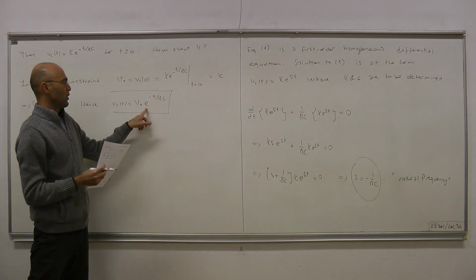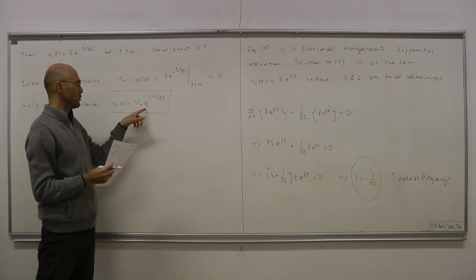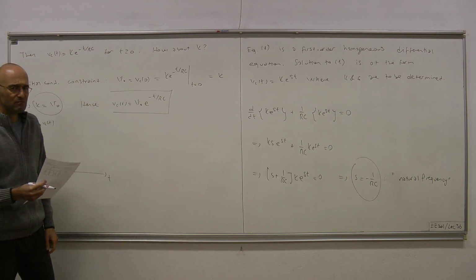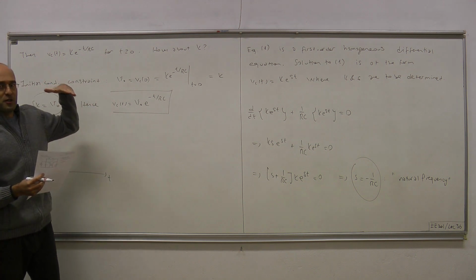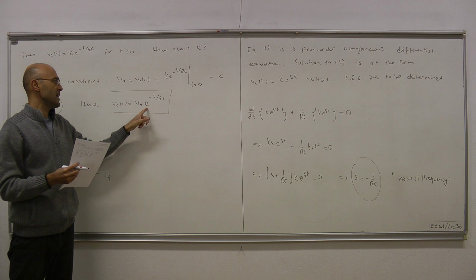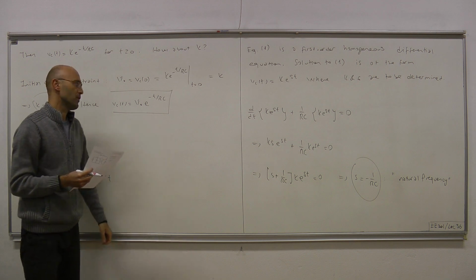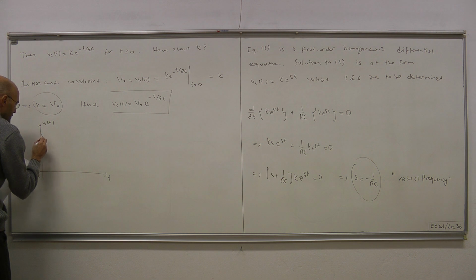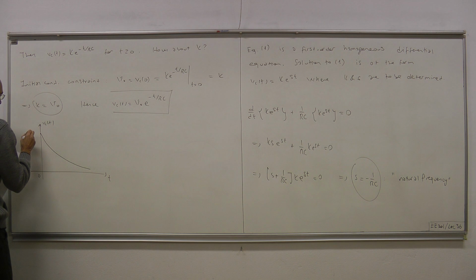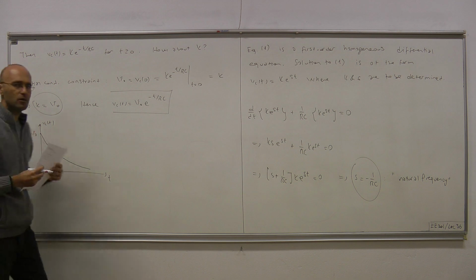Therefore, here we have an exponential, e to the minus something times t. Therefore, as time goes on, this becomes smaller and smaller, so it's decaying toward 0 exponentially. So what we have is something like this shape. And this is where we start, VC(0), the initial voltage.